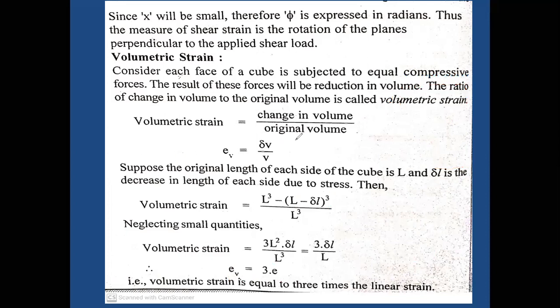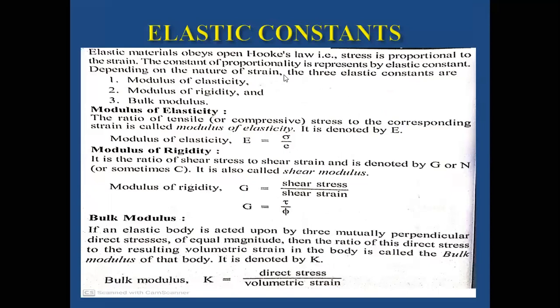And the next concept is elastic constants. As we know, if you consider a relation between stress and strain, the Young's modulus, or modulus of elasticity, is the ratio of stress to strain.